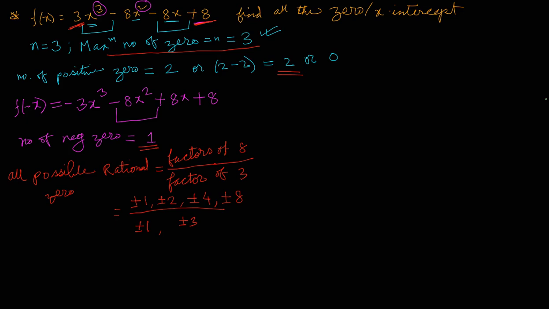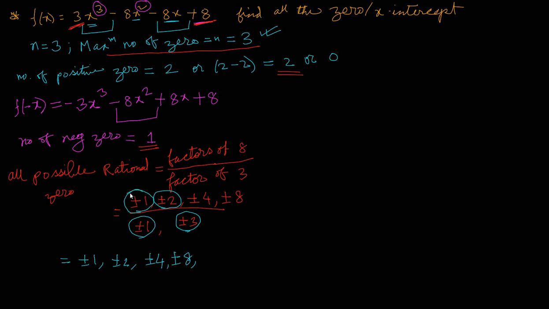So let's do one by one. First I'm going to use plus minus 1 as the denominator. Plus minus 1 over plus minus 1 is plus minus 1, then plus minus 2 over plus minus 1 is plus minus 2, plus minus 4, and plus minus 8. Then I'm going to use plus minus 3.